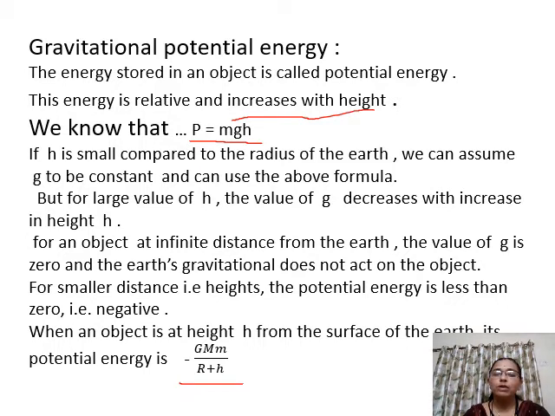So when the object is placed at a smaller distance from the earth, the potential energy is less than 0, so it becomes negative, with the value minus G M m upon r plus h.